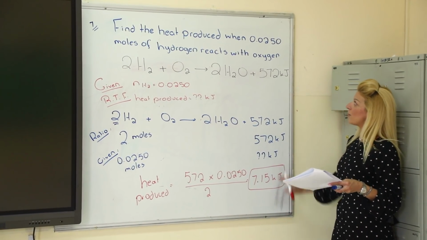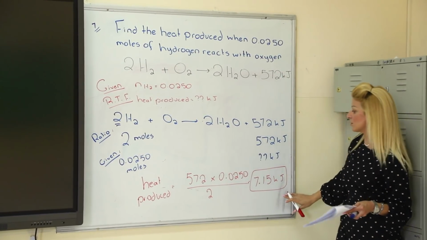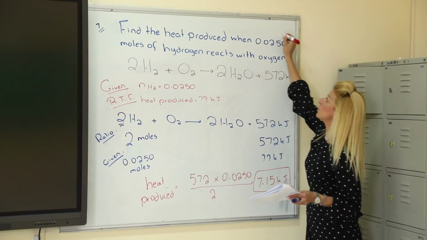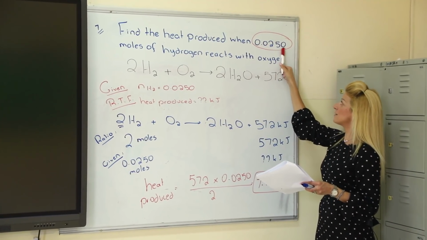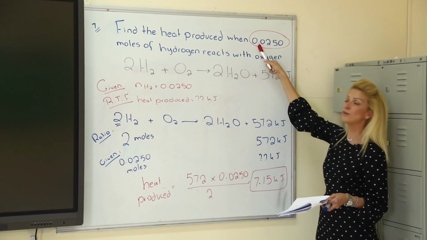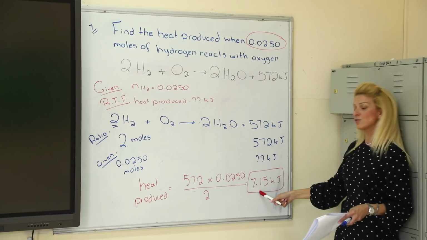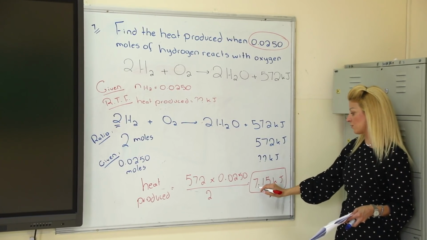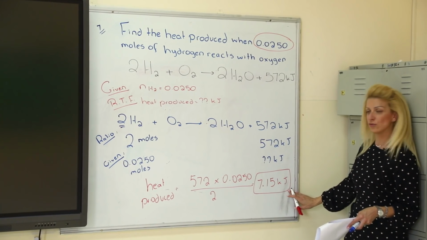Let us check if our answer is to the correct number of significant figures. If we go back to our original given, the number that we used is 3 significant figures because zeros to the left don't count. And our final answer is also reported to 3 significant figures, which is 7.15 kilojoules.